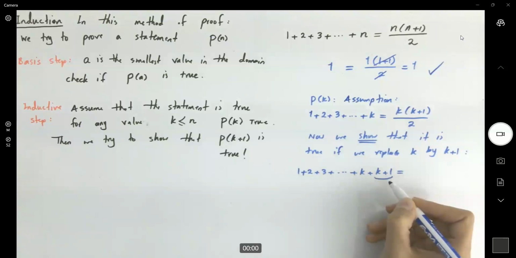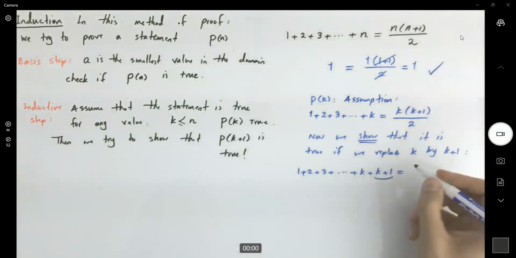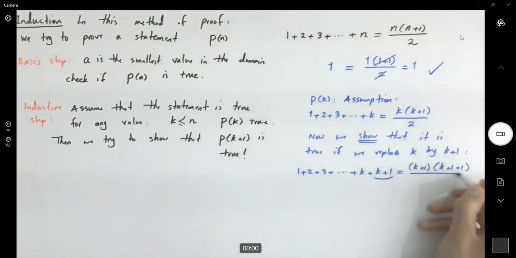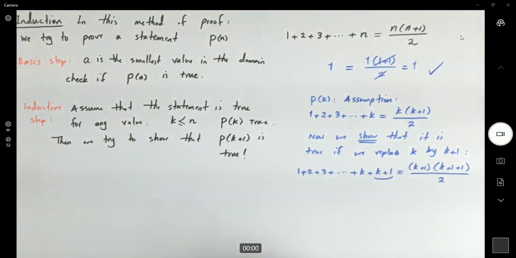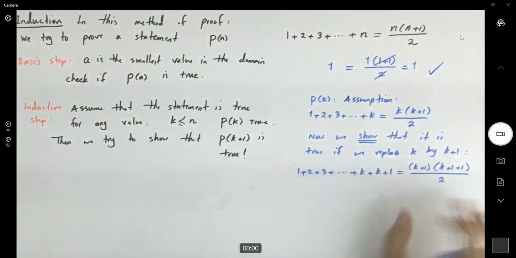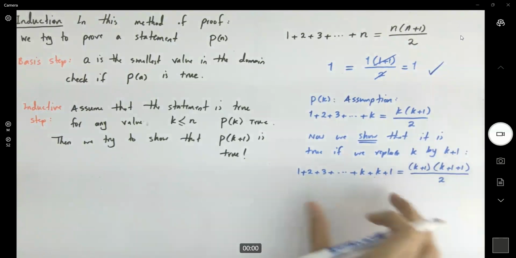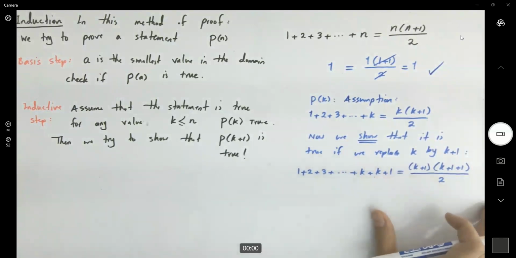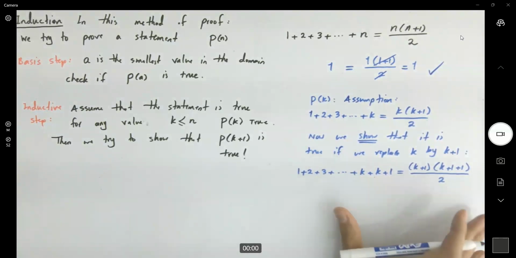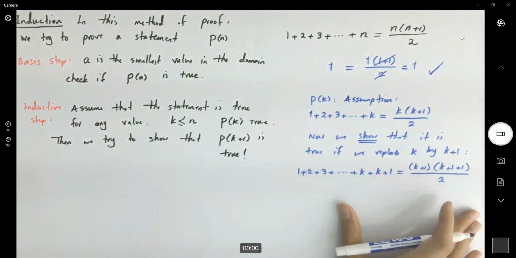So your last term here is going to be k plus 1, parentheses, k plus 1 divided by 2. This is our goal. We want to show these left-hand side and right-hand side are equal to each other. Okay, very good.